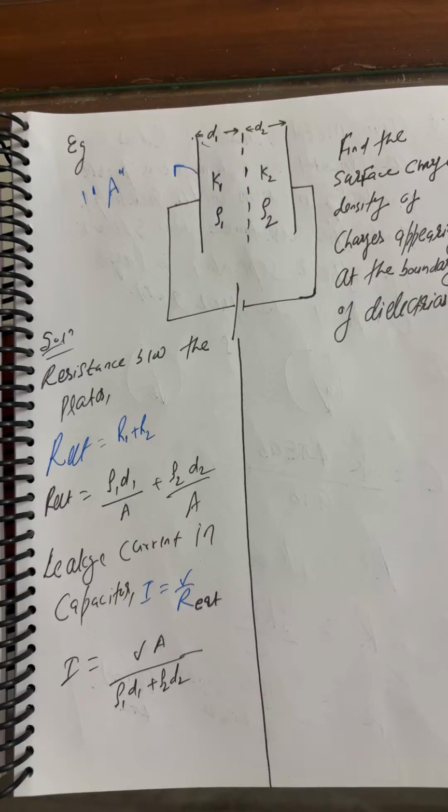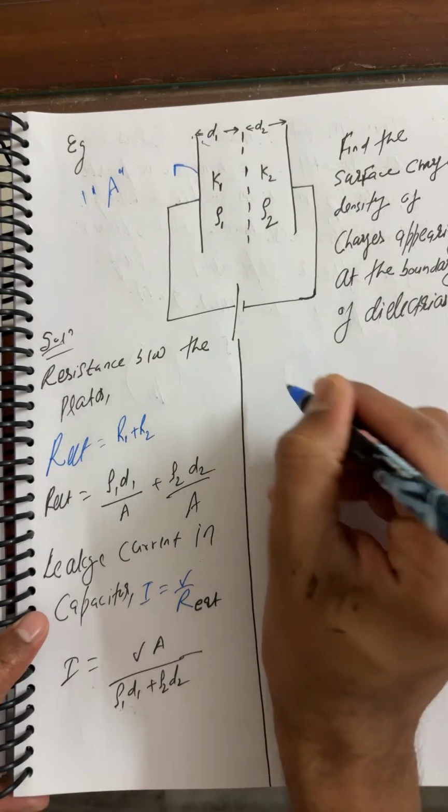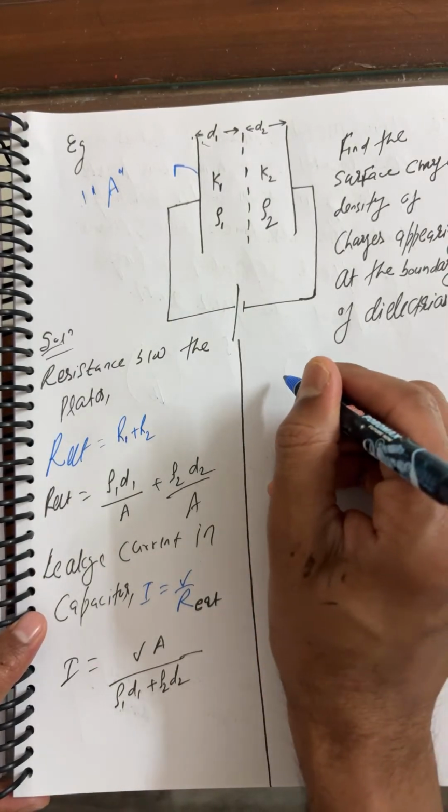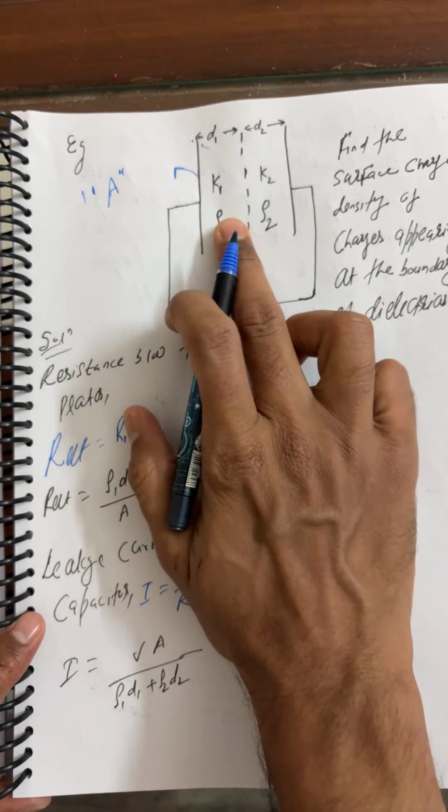I'll make one diagram here so that you can easily understand. So this is C1, this is C2.